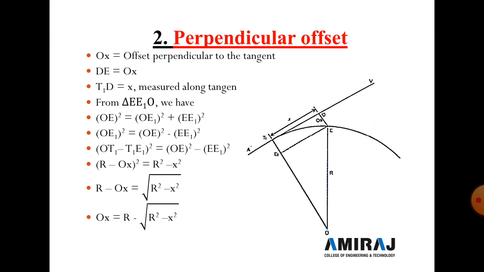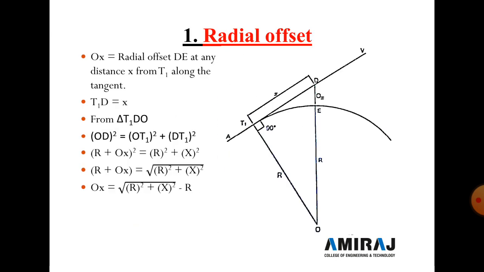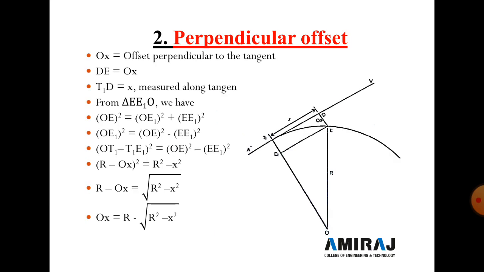the perpendicular offset. Here in the radial offset, the offset is not perpendicular to the tangent, but in the perpendicular offset the tangent is exactly perpendicular to the offset.